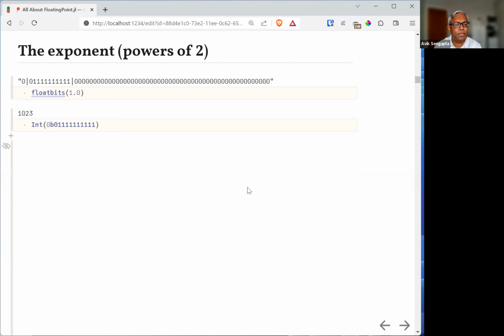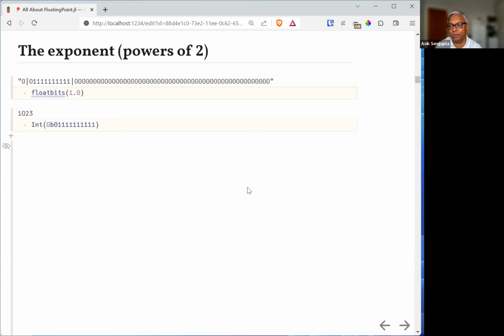So the second part is the exponent, which is the power of 2, right? Now this number, 0 and 10 ones, is a big number. It's actually 1023, which you can see by converting this bit string into an int using Julia.